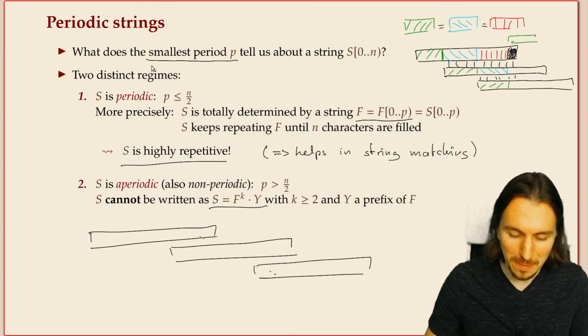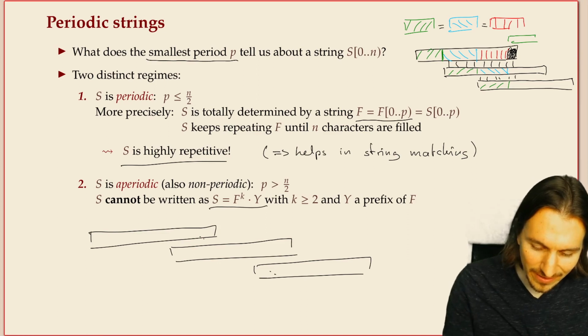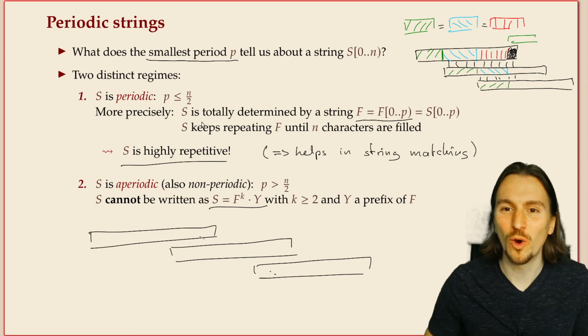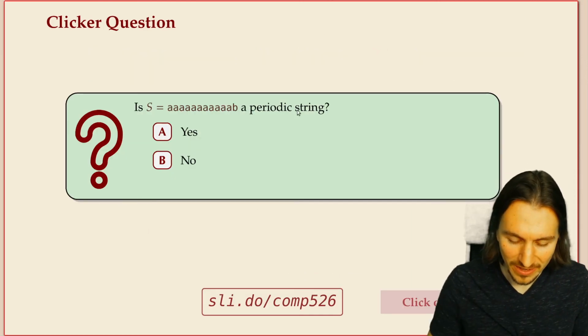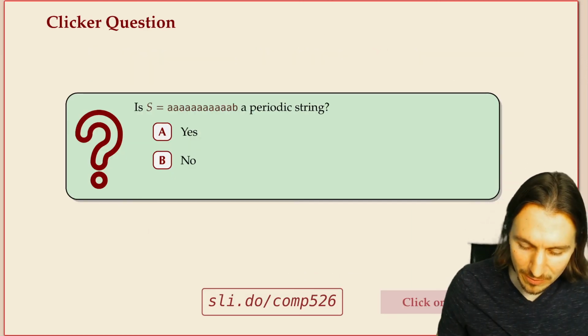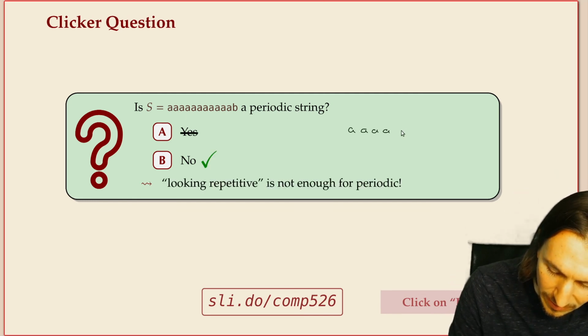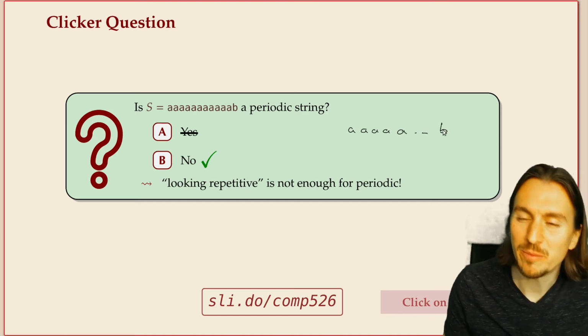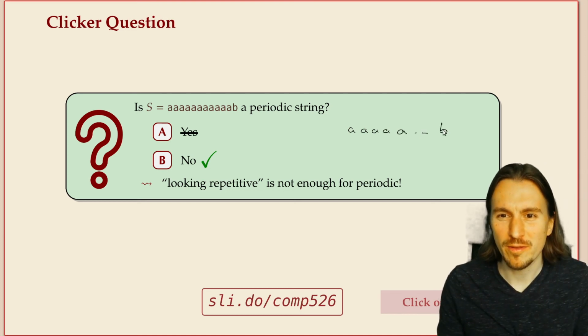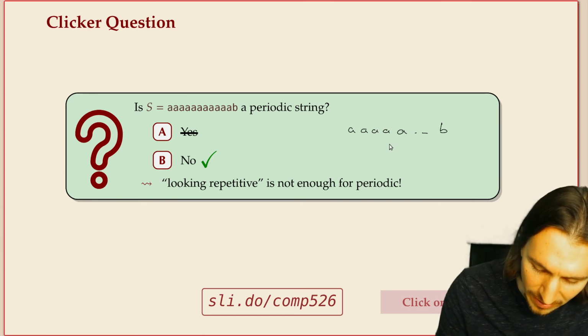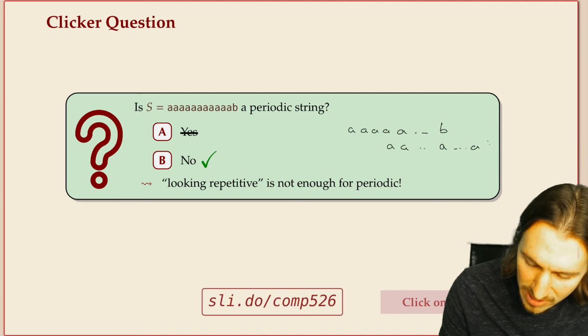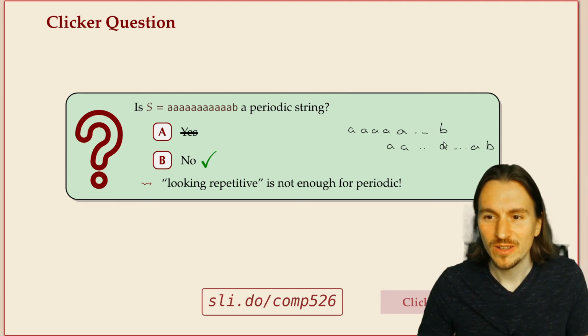The thing is here that the precise definition is it's periodic in this sense if you can overlap it with itself. And if you try to overlap this string with itself, if you do a lot of A's and then at the end a B, try to overlap this with, I don't know, say half the length, you would still have to put somewhere this A above a B. That never works.